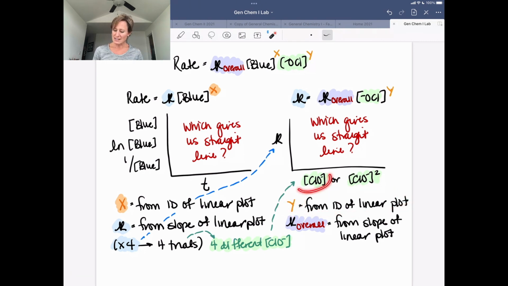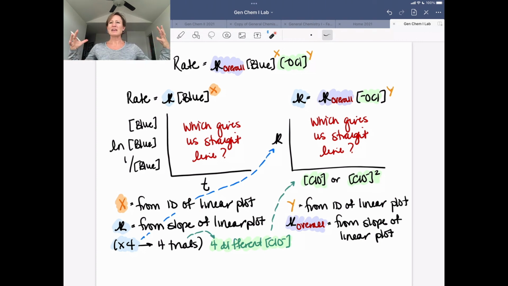If we used it as a plot of just the direct concentration of hypochlorite ion, that was first order. If it was a function of the square relationship of the hypochlorite ion, then it was second order. Okay, and then you can take the slope from whichever plot gave you the best linear fit, and that is going to give you your overall rate constant.